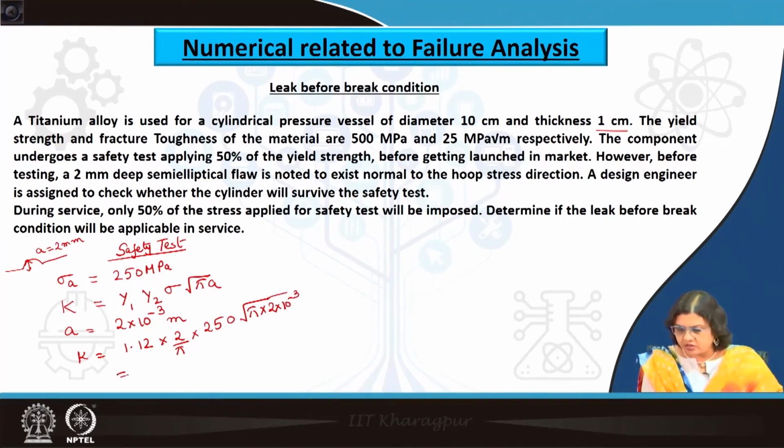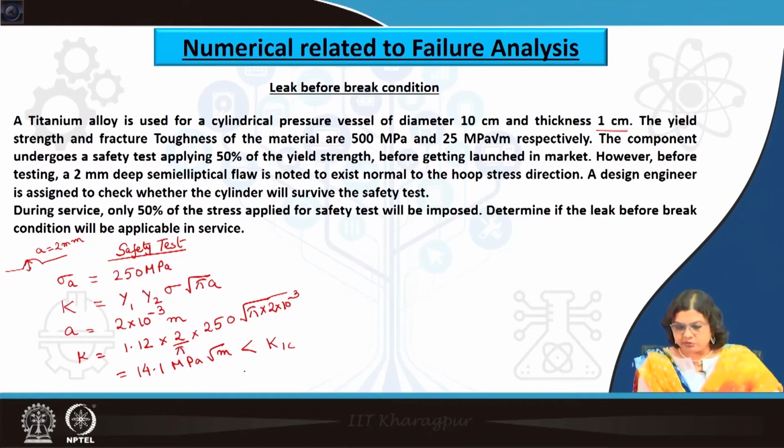So, if we solve this quickly, we see the value as the following. Okay. So, this is coming as something like 14.1 MPa root meter. So, that means that the stress intensity factor value that is being generated for the safety test is much lesser than the K1C value, which is 25 MPa root meter.